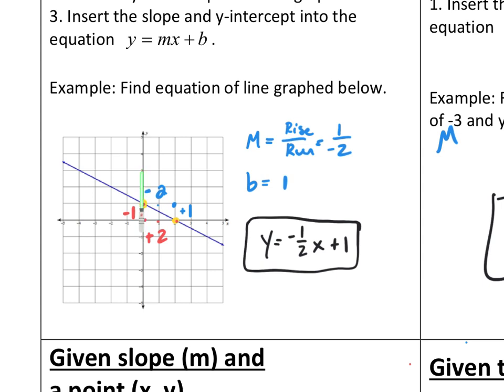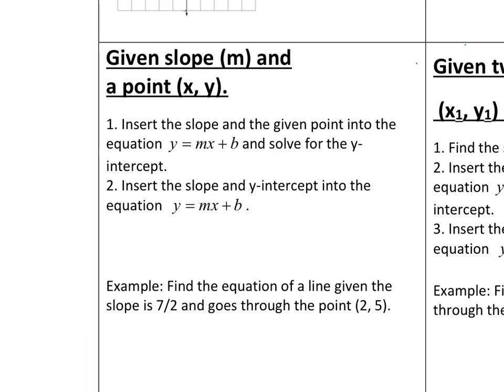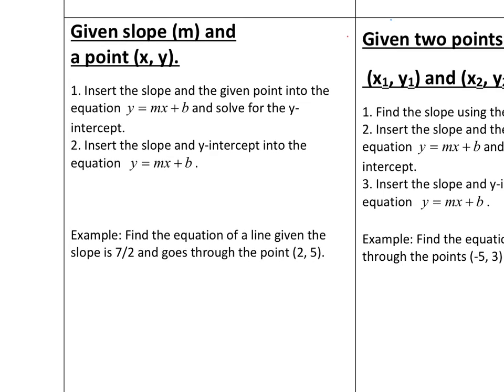So if it had crossed up here at 3, then my B value would have been 3. No, the 2 is up here, so this is a number 1. How I got the -2 was I counted over, so that was for my slope. Better? We good? Okay.